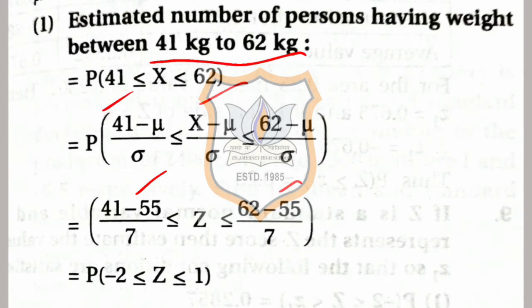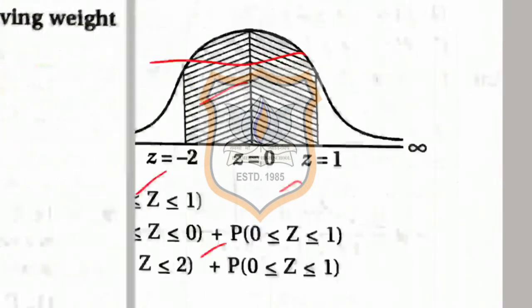41 minus 55 is minus 14. So minus 14 by 7 is minus 2. 62 minus 55 is 7, and 7 by 7 is 1. So we need the area, or the probability, under the Z curve from minus 2 to 1.